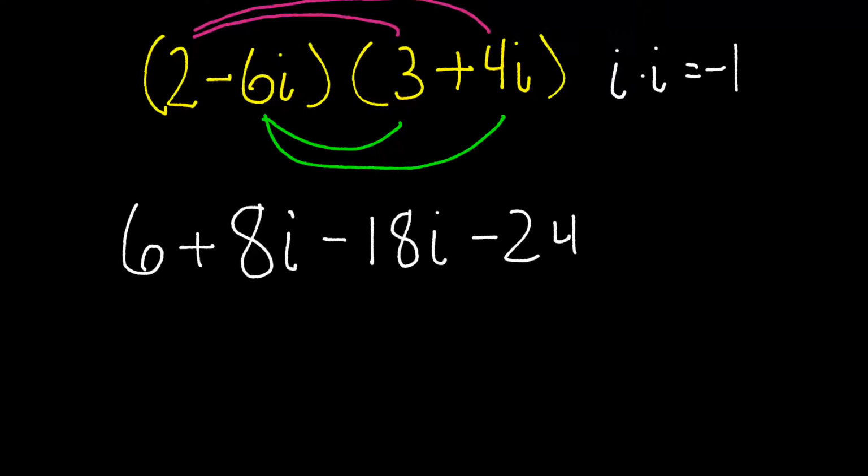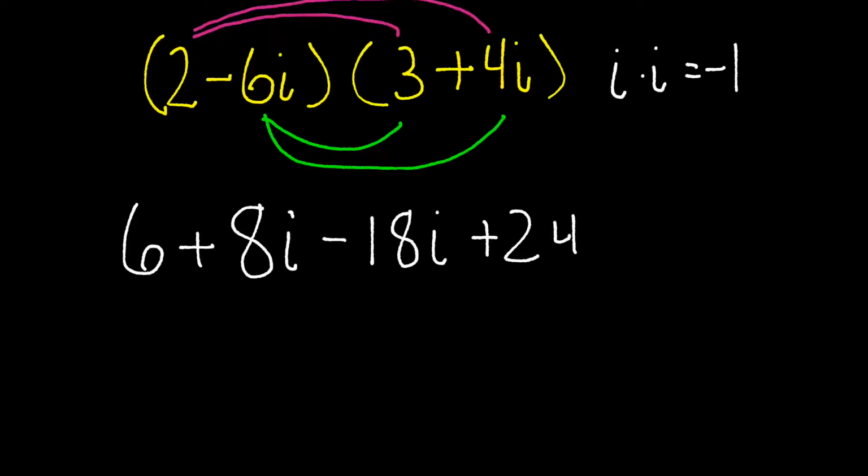So really I have my negative 24 at the end times a negative 1. Well, what is negative 24 times negative 1? It is positive 24. So, instead of rewriting the whole thing, I'm just going to erase this, and since it's positive now, I'm going to make it a plus sign.